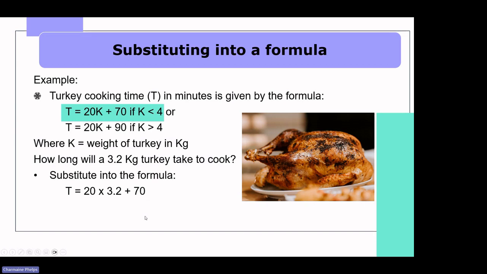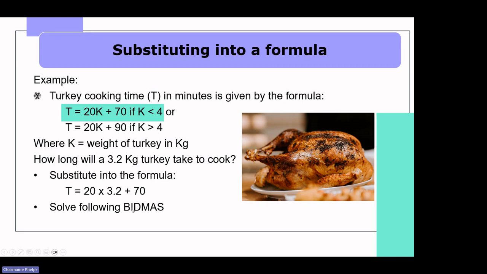And this is where BIDMAS comes in, because if I do things the wrong way around, so if I do 3.2 plus 70 times 20, I'm going to get a very different answer to if I do it the right way around. So following BIDMAS, that's brackets. There's no brackets.